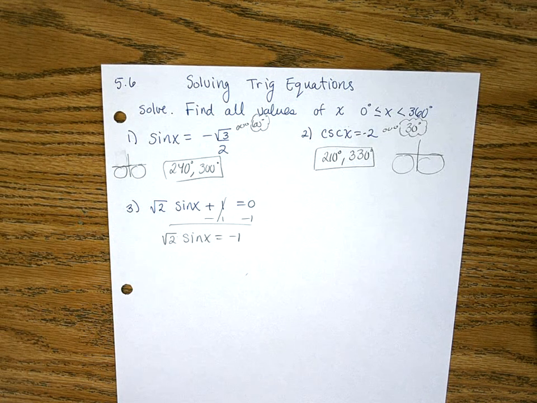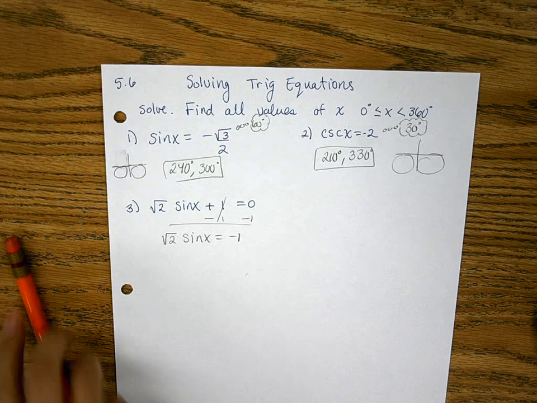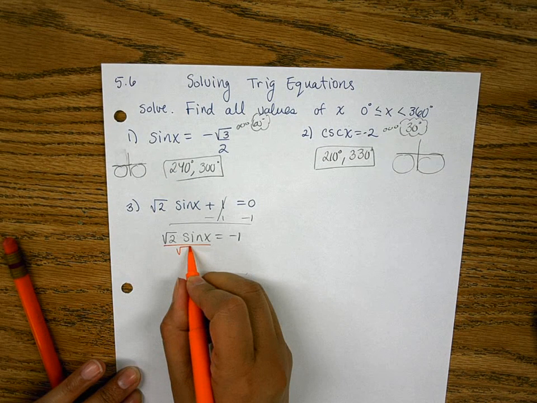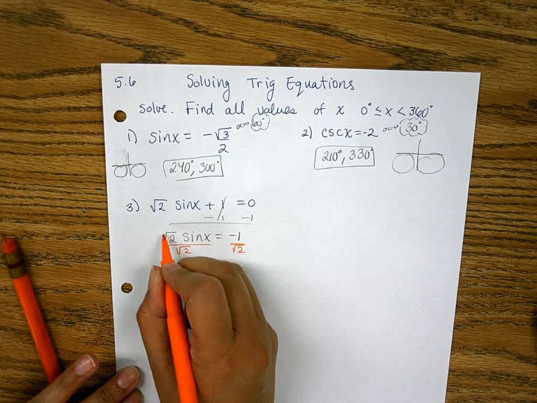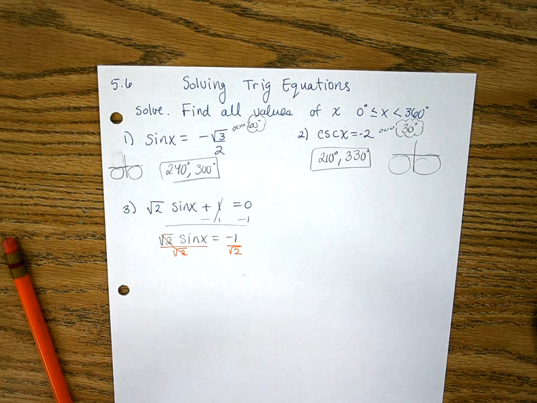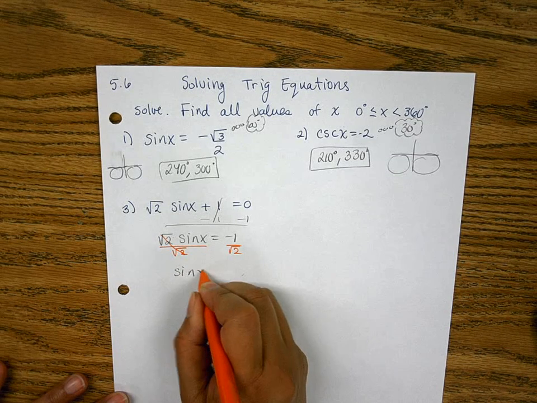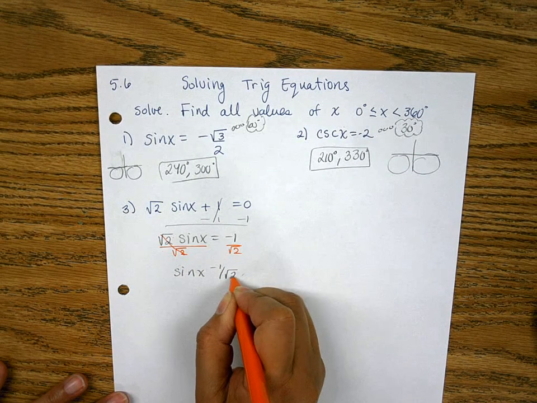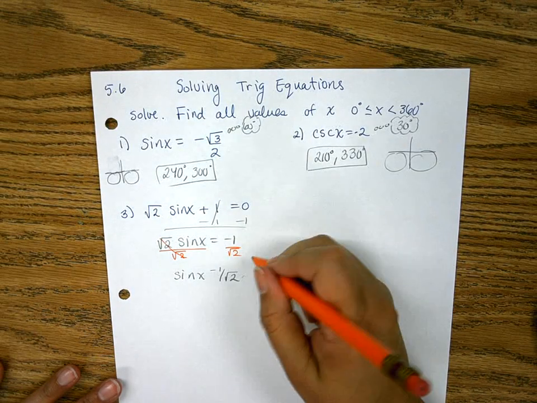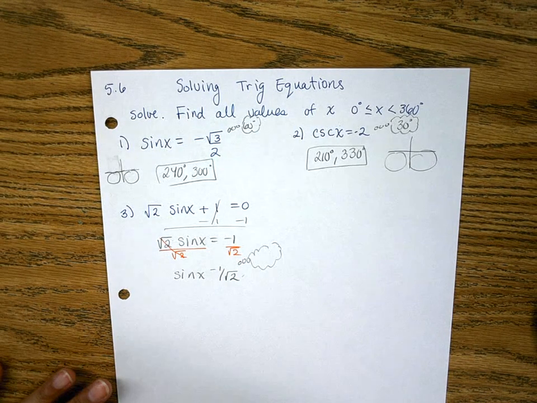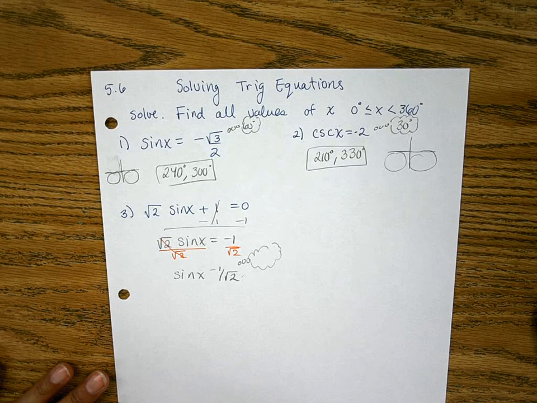Square root 2 sine x equals -1. And then your next step will be to divide both sides by the root 2. Sine x equals -1 over root 2.